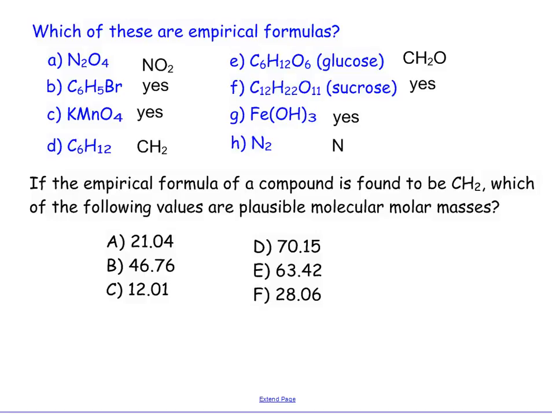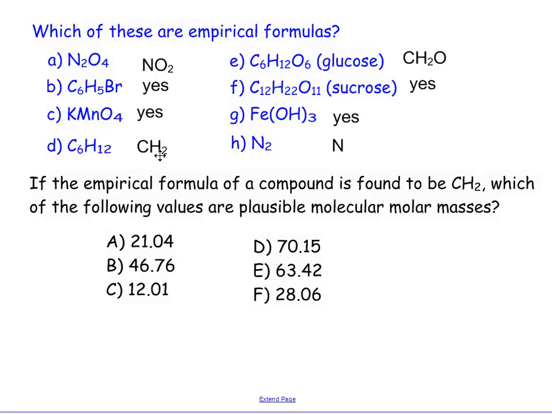Whereas the formulas for cyclohexane or hexene, we don't know which one, glucose, and nitrogen gas are all molecular formulas. We can divide by the smallest whole number to get empirical formulas. So C6H12 has the empirical formula of CH2.